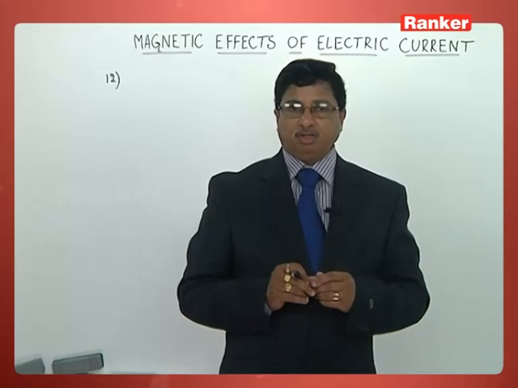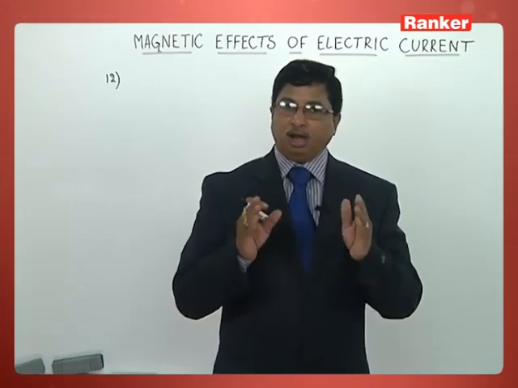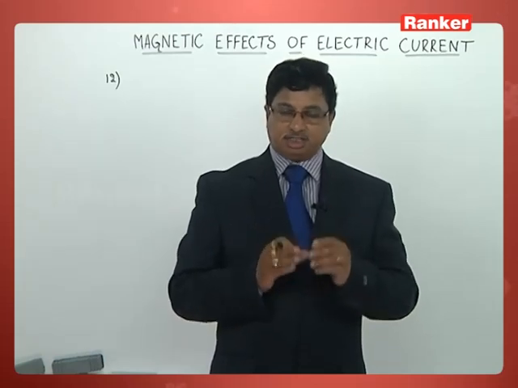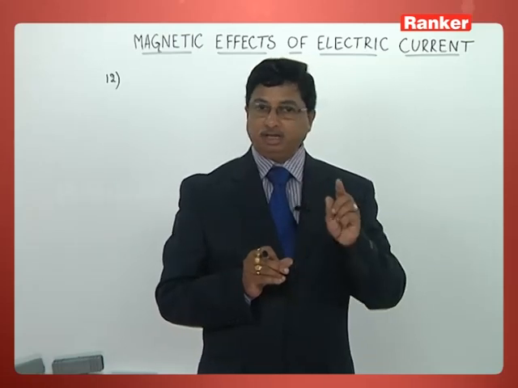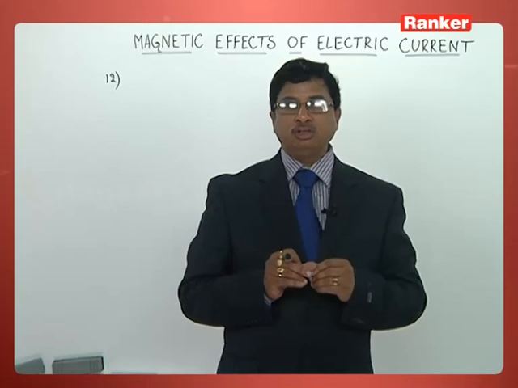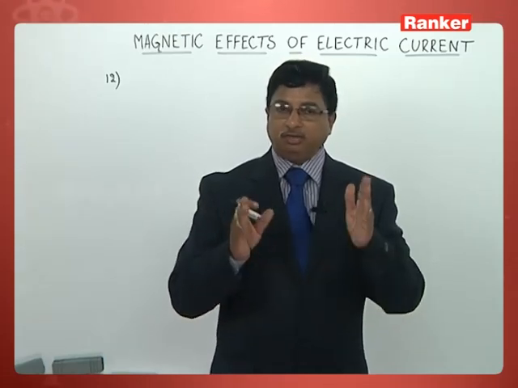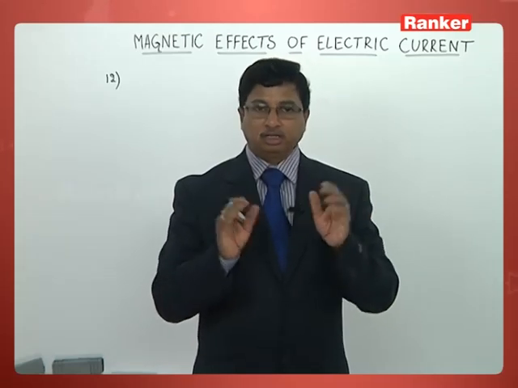I repeat, whenever the directions of currents in parallel conductors separated by a certain distance are same, then you can come to a conclusion there will be a sort of an attraction between those two conductors.